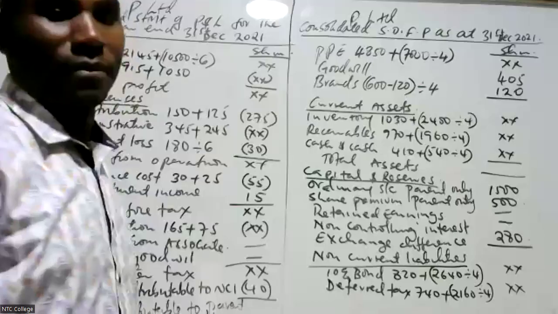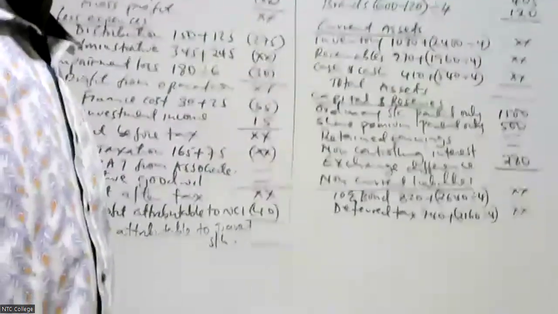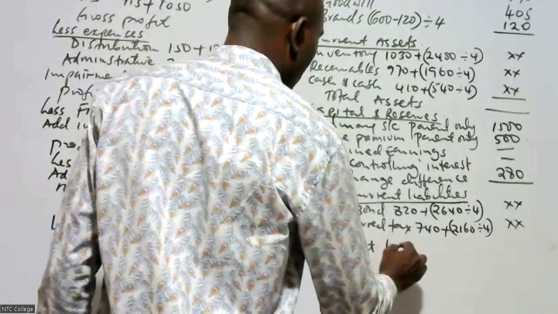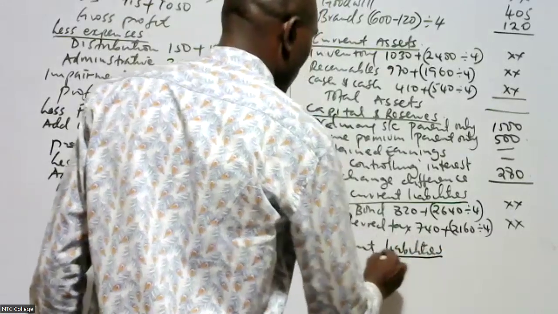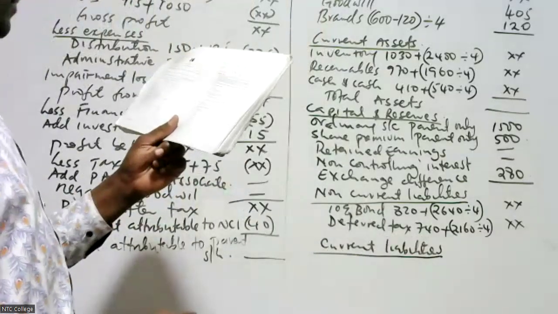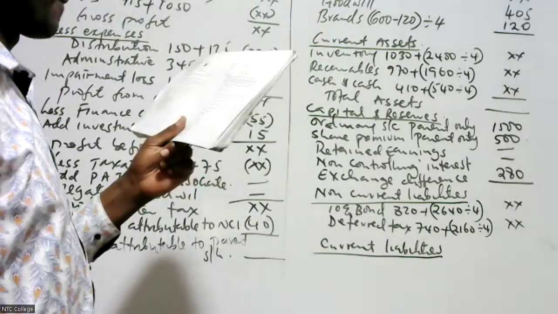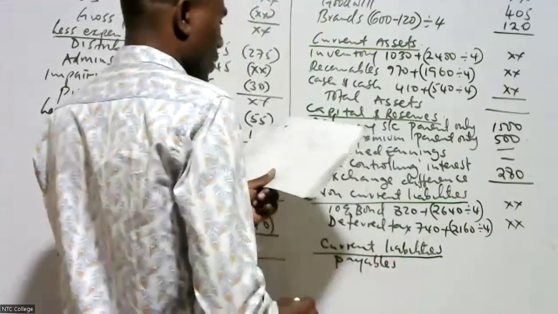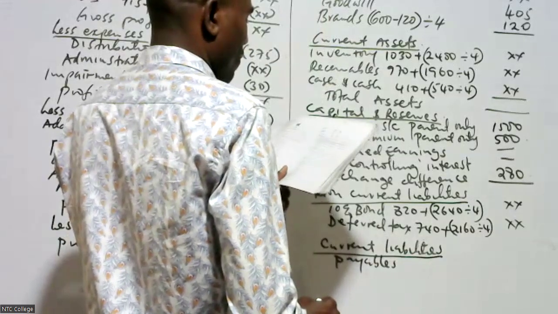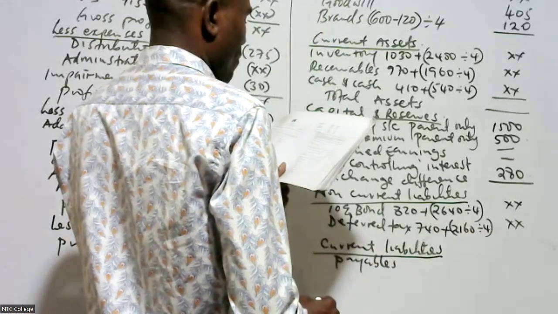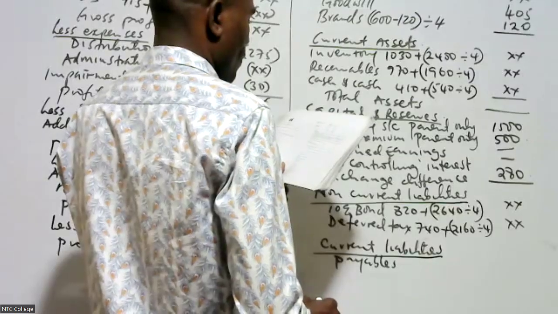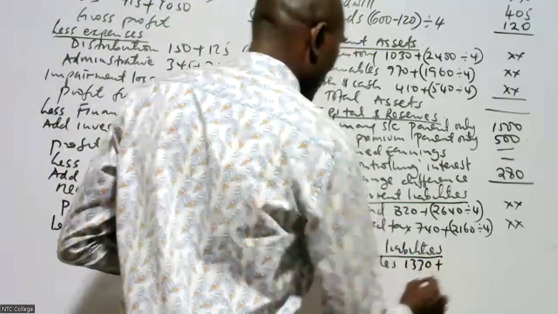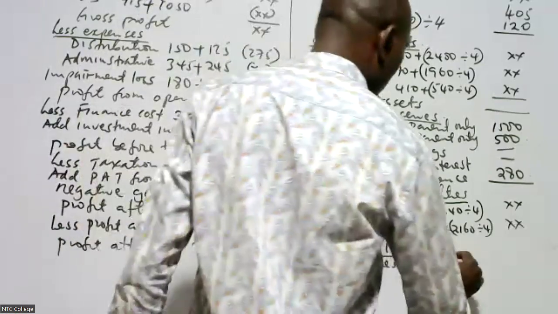Then we come to current liabilities. Current liabilities, we have trade payables, which is 1330 plus 2240.